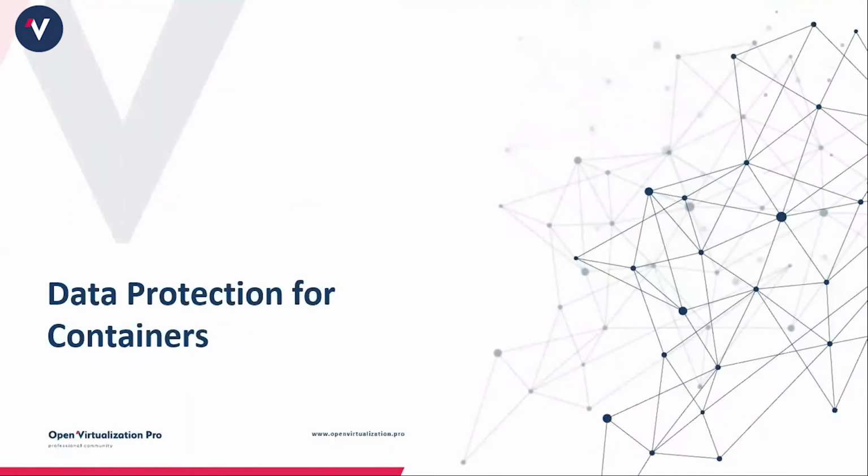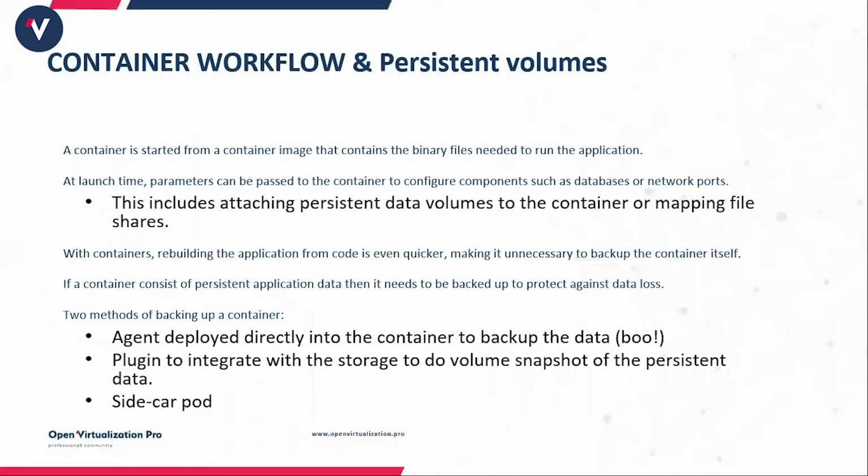Okay, so now let's jump to the other section of today's presentation. Data protection for containers. Yep. So maybe you could first introduce in general how such a workflow works. Yeah, so data protection is a problem that we've been solving for the past 20 years here at Catalogic Software. Remember, the data that persists throughout the container is going to be within this persistent volume.